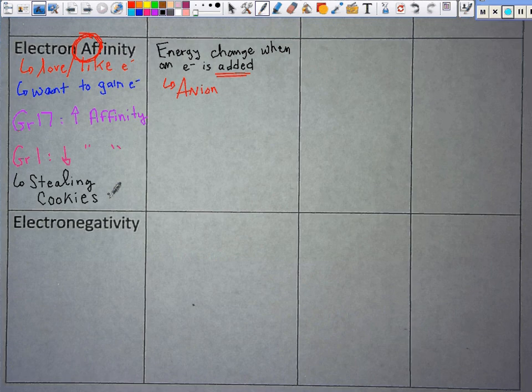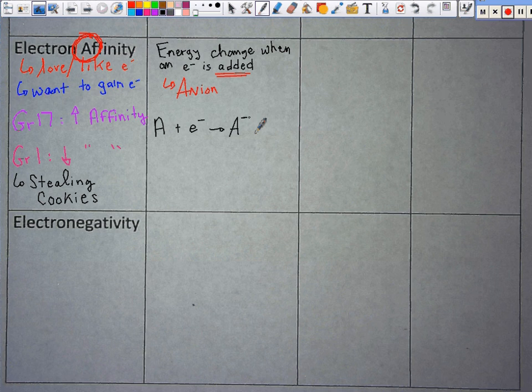So we have this neutral atom, and what we're going to do is add an electron to it. This happens without any trouble at all. It's like me walking by, handing you a bag, and you jumping for joy. When you add an electron, what type of ion are you going to turn into? An anion. So it's going to become negative. Pay attention to where the energy value goes.